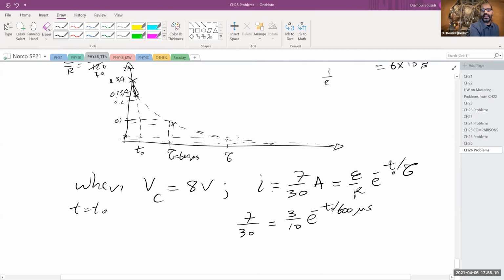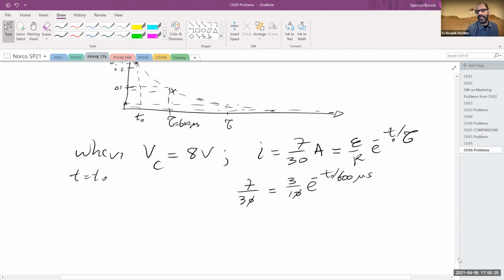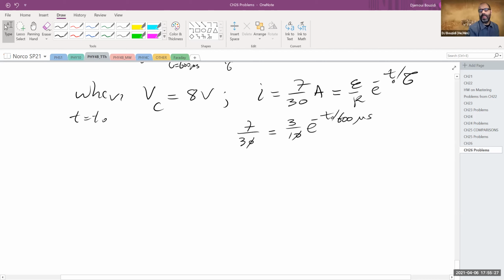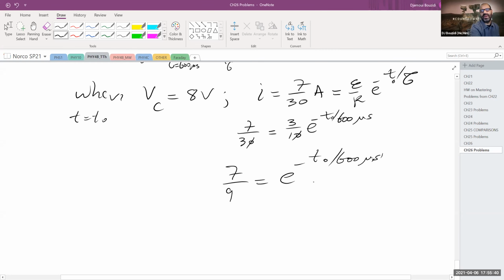Okay, the 10 and the 30 cancel the zeros, and basically I will have 7/9 equals exponential of negative T naught over 600 microseconds. I could leave it in terms of tau, actually, but that's fine. So I'm going to take the natural log of both sides. Ln of 7/9 is equal to the ln of the exponential, which is just the exponent.